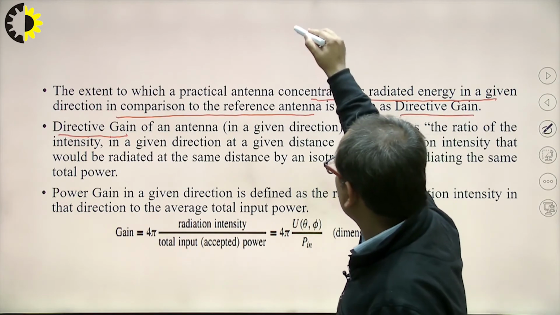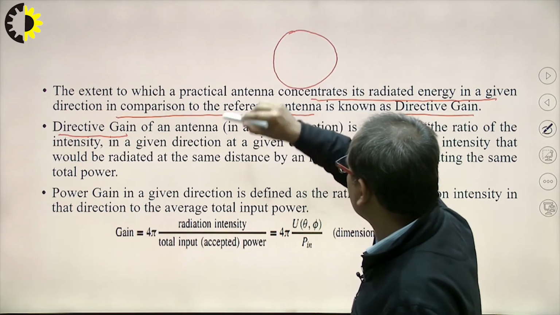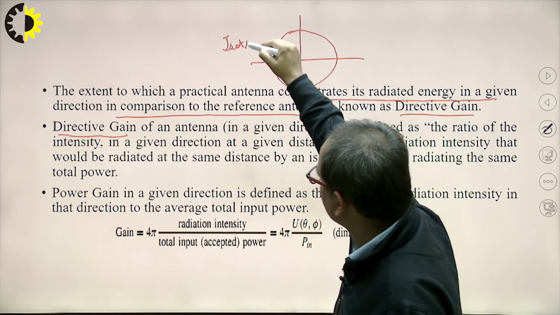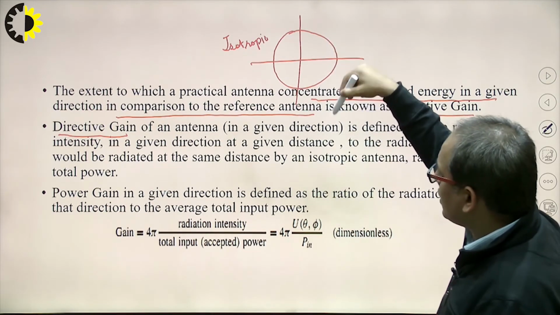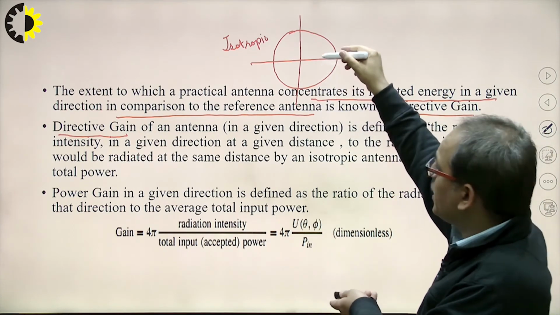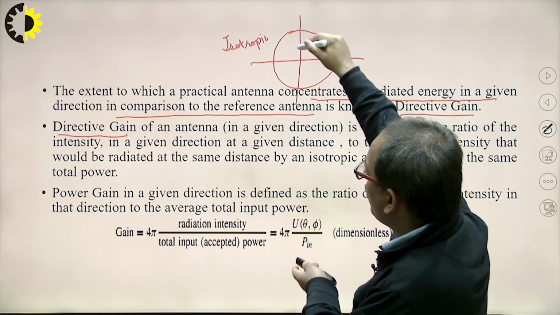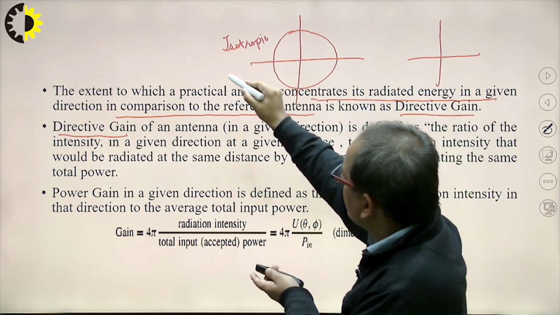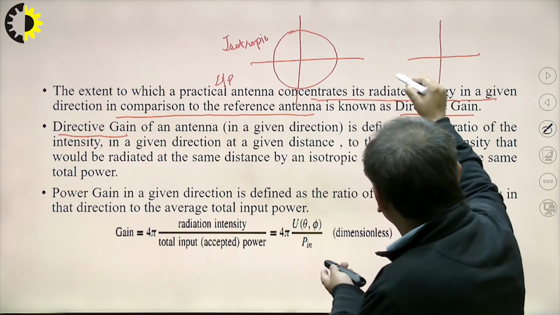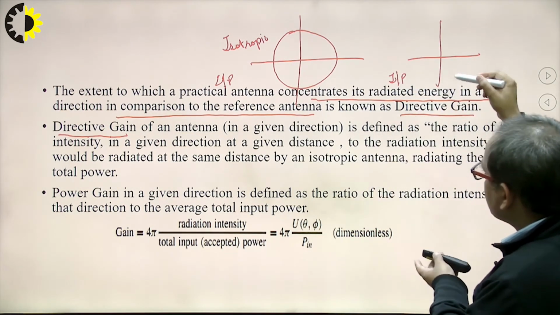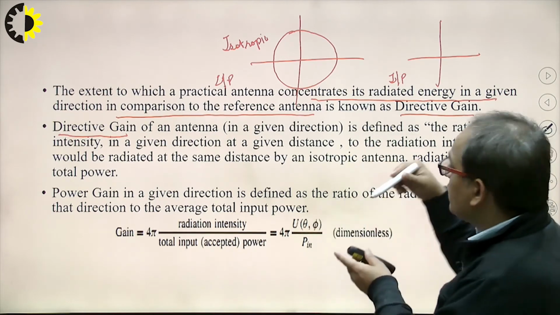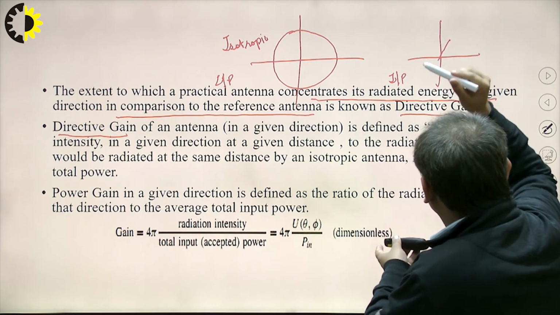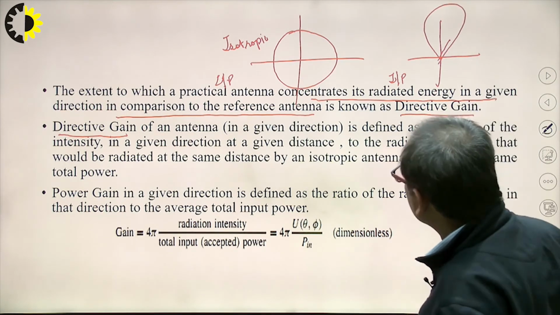Let's say this one is the isotropic antenna having a radiation pattern like this, and the power is supplied in all directions. Now to this other antenna I provide the same input power, and this antenna captures all the energy and radiates it in a particular direction.